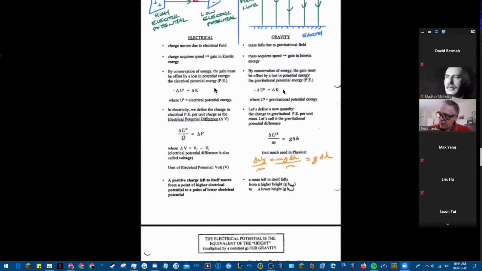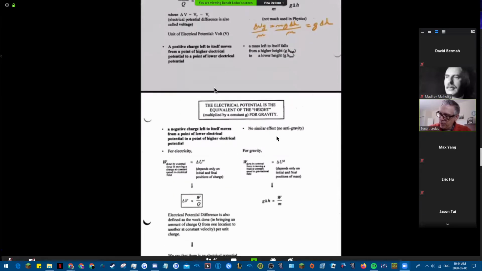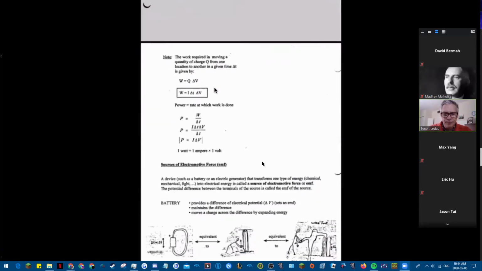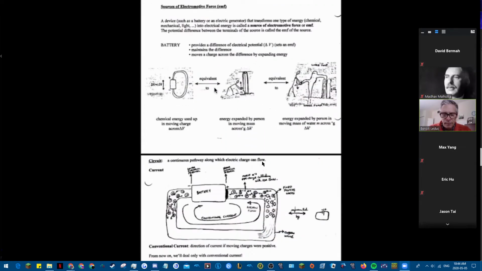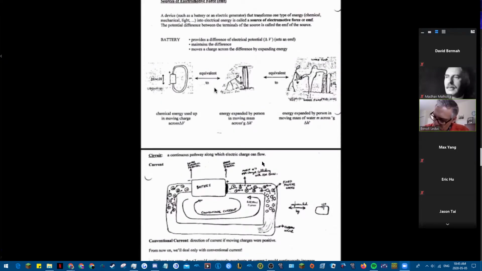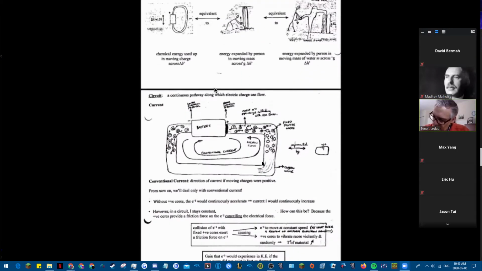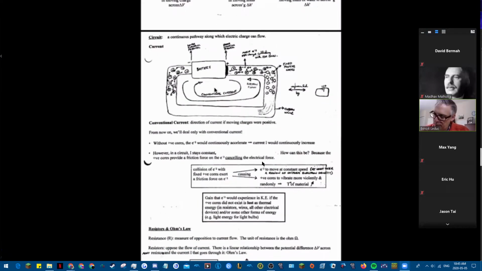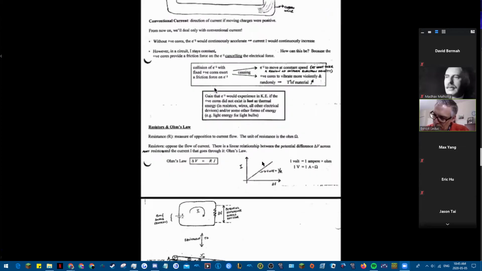Okay, before we go to this here, let's move right here. No, don't move, guys. Don't move. I just want to see, it's a little bit all over the place here.